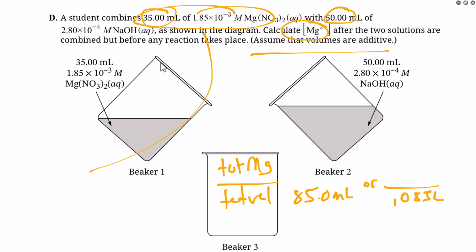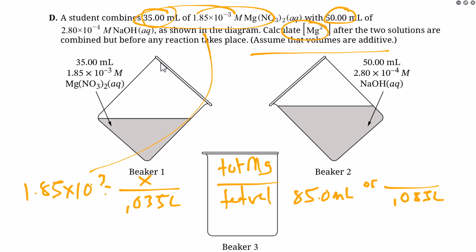In order to get the magnesium, we're going to have to get the magnesium out of this Mg(NO3)2 here. So in order to solve for the moles of magnesium, we are going to take our molarity here, 1.85 times 10 to the negative 3rd, set that equal to x over our volume. Remember, molarity is moles over liters, so 0.035 liters. And we'll solve for x here.